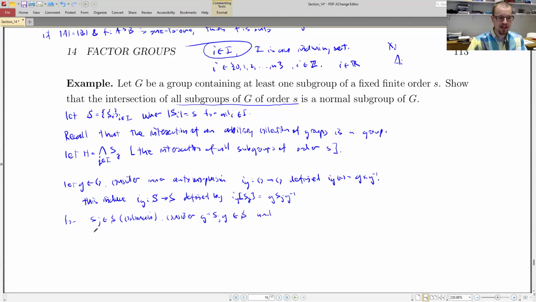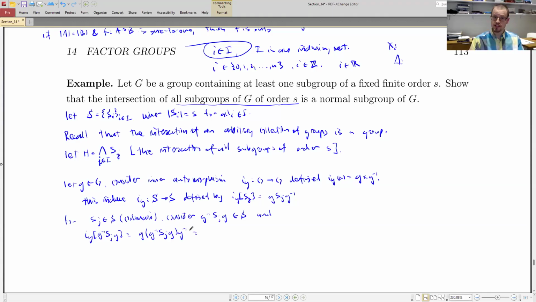and the image under this inner automorphism induced to the set of all sets of order S. When I apply that to g⁻¹ S_j g, this is g times g⁻¹ S_j g g⁻¹.